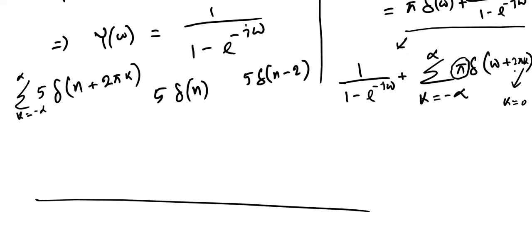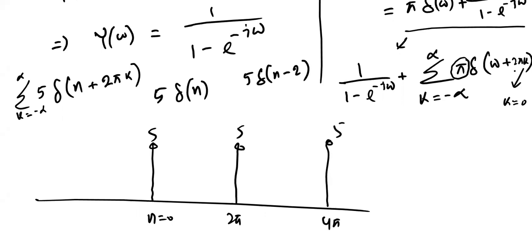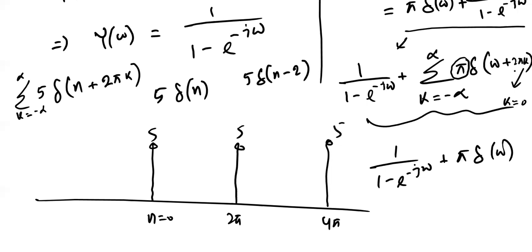For k equal to 0, you have 5. For k equal to 1, that means at 2 pi, you have the value 5. At 4 pi, you have the value 5. So what does this kind of expression mean? However, in short, I can write 1 divided by 1 minus e to the power minus j omega plus pi delta(omega). That is enough. That is the Fourier transform of u[n], and the repetition of the latter part.